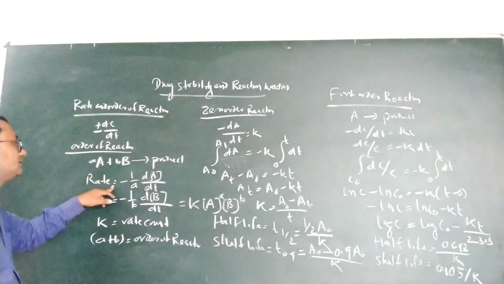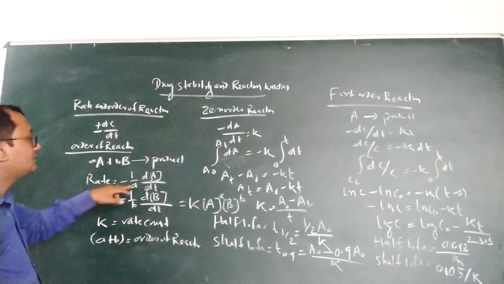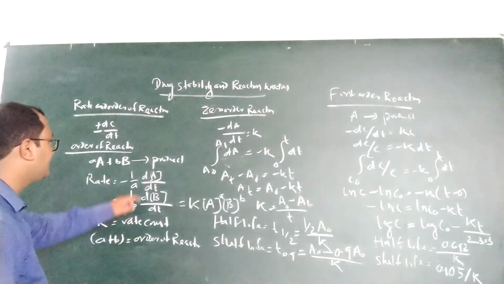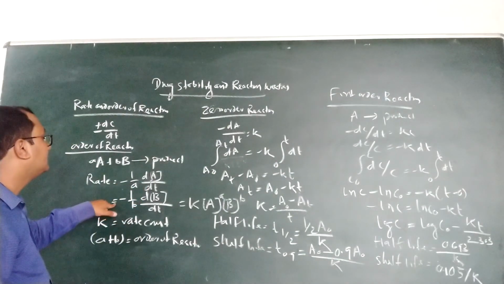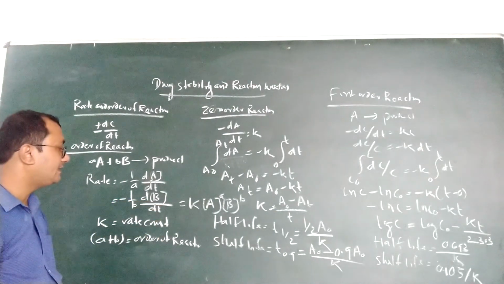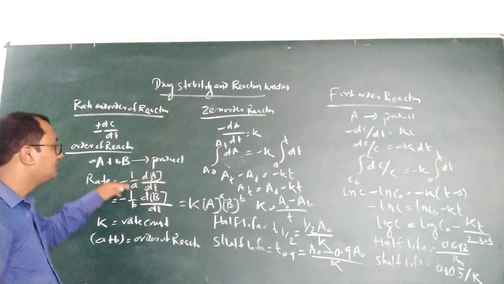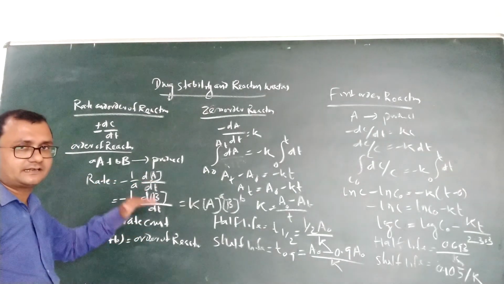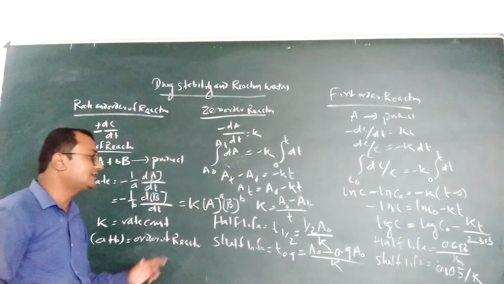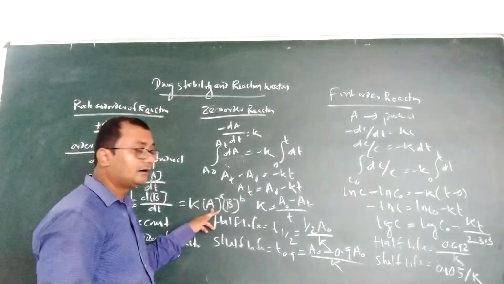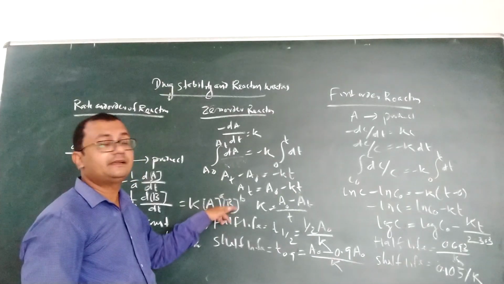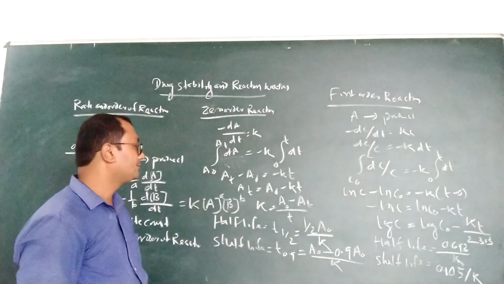So the rate we can write as minus 1 by a into d of molar concentration of A divided by dt, then minus 1 by b into d of molar concentration of B divided by dt. Here the negative sign indicates that the concentration is decreasing. After that we get the final equation, that is K times molar concentration of A to the power small a, times molar concentration of B to the power small b.